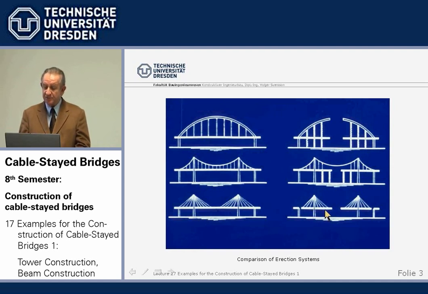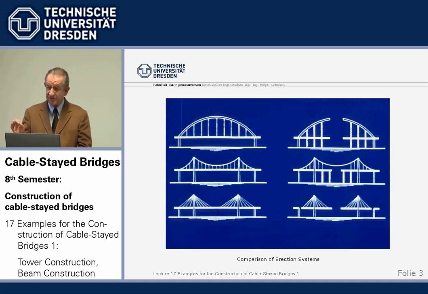The weight of the beam is taken up in the cables, balanced about the tower, and the compression force from the cable component is taken up in the beam. So intermediate systems are stable, and that is one of the big advantages of cable-stayed bridges, which has distinctly assisted their widespread use all over the world since the 1950s.